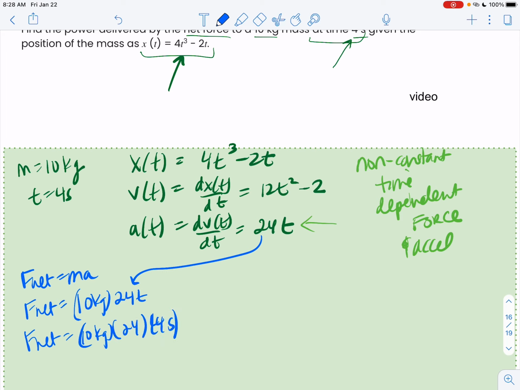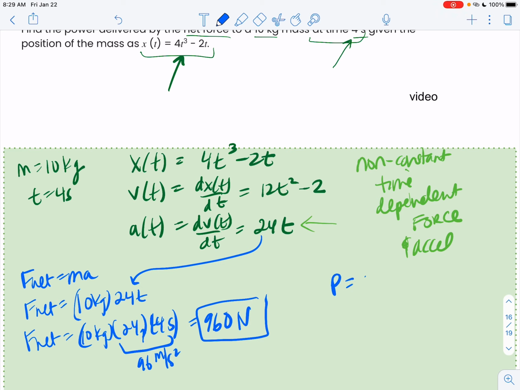I'm sure this has some units that are kind of missing, but that's going to end up being 96 meters per second squared. Oh, not meters per second squared, I lied. Newtons. 96 meters per second squared is this part, so it's going to be 960 newtons. That's the net force.